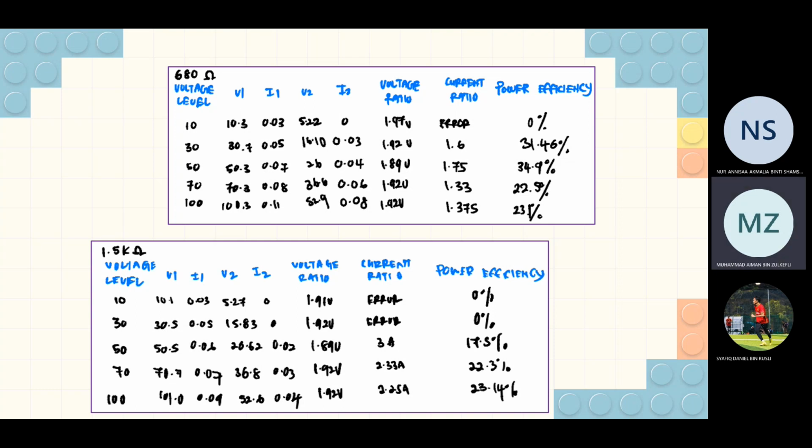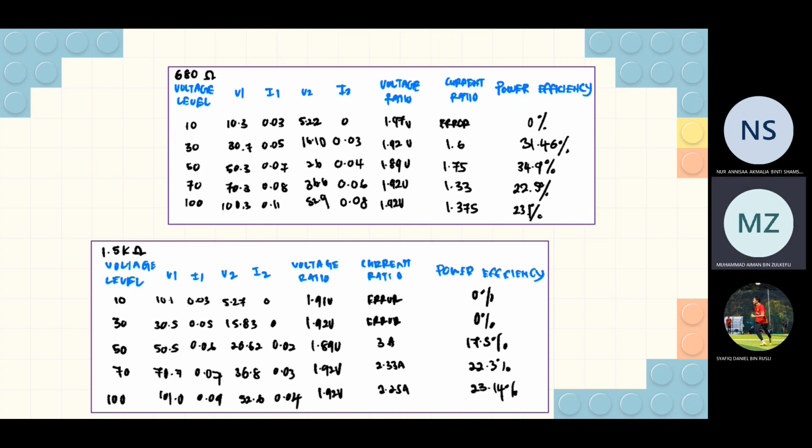For the 100 voltage level, V1 we get 100.3, I1 0.11, V2 52.9, I2 0.08, voltage ratio 1.92, current ratio 1.375, and the power efficiency is 23.1%.